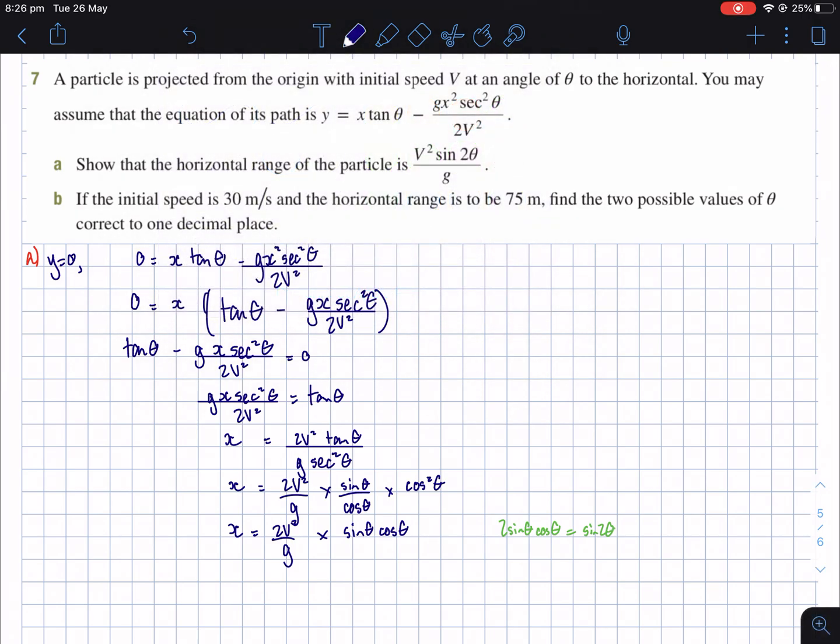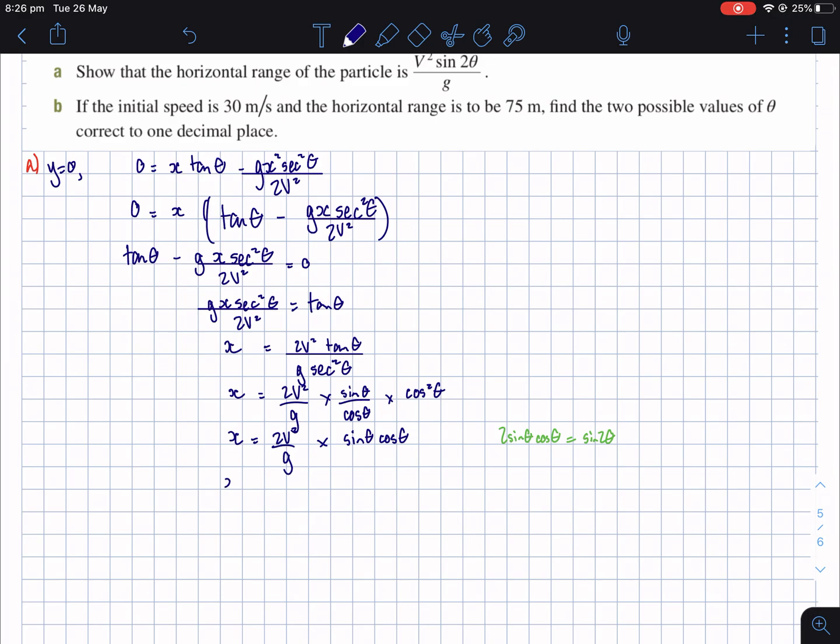Also because that takes care of the 2. So x equals v squared sine 2 theta, and g is still on the bottom. So that one wasn't too bad.